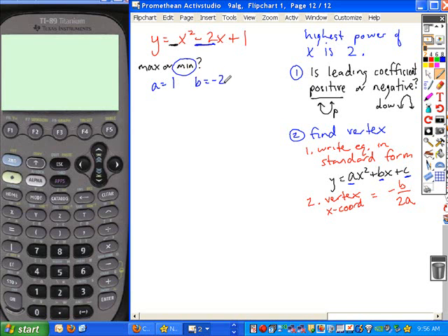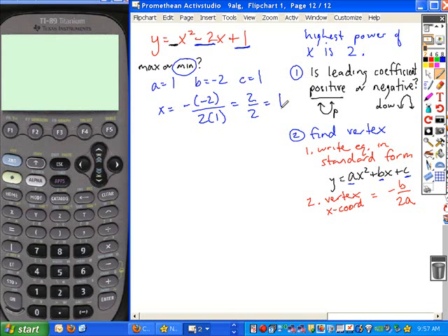The b value is negative 2. And what's the c value? Also 1. So if you plug these in, you get your x coordinate to be negative b over 2 times a. And so negative times a negative gives you a positive over a positive 2. So you get your vertex x coordinate to be x equals 1.